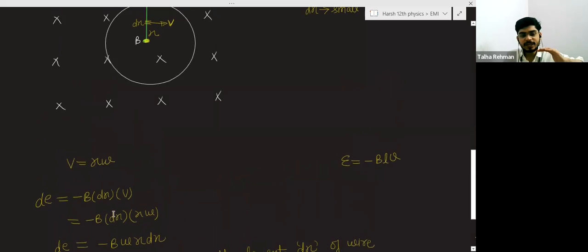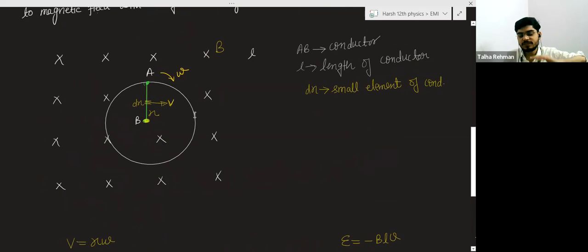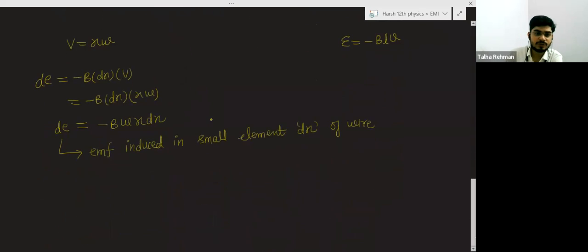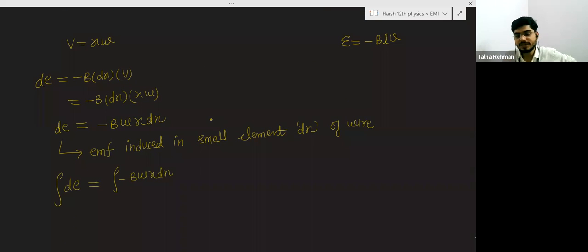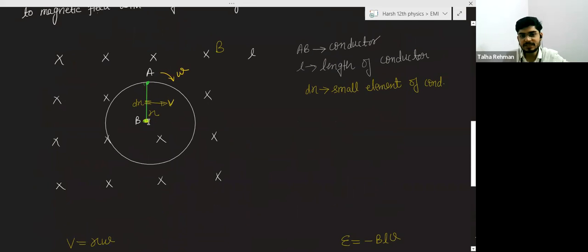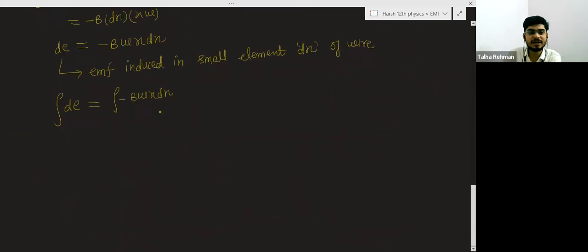For calculating the total EMF in this wire, you will do the integration of dE, which becomes the integration of minus B omega x dx. Now we take the limits of x. At point B the value of x is 0, and at point A the value of x is L. So we apply the limits 0 to L.